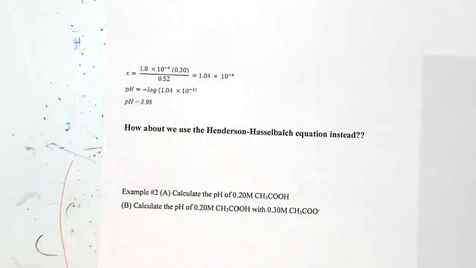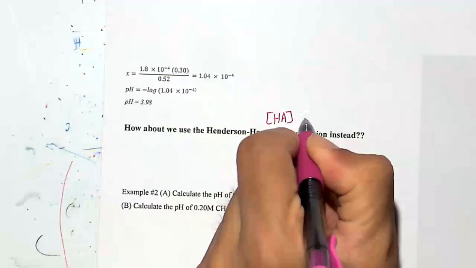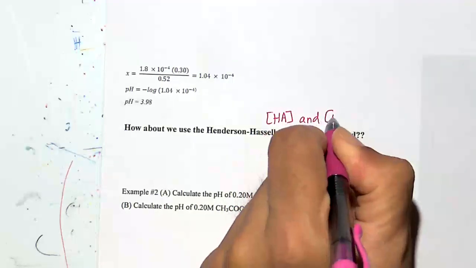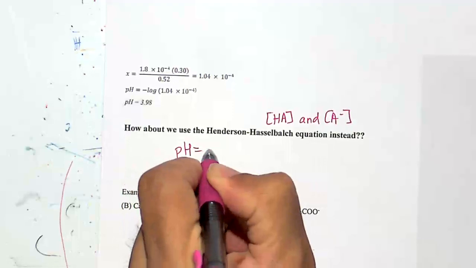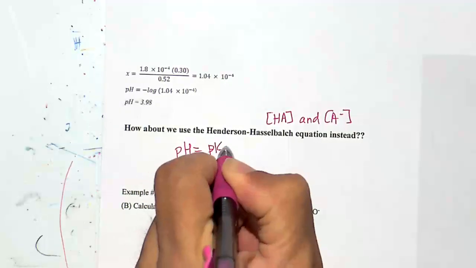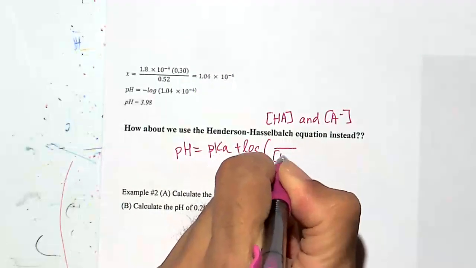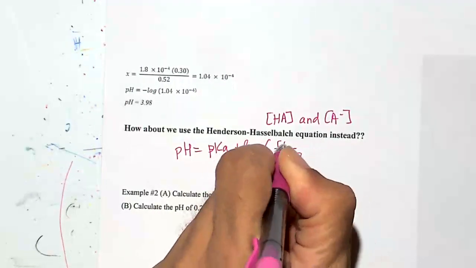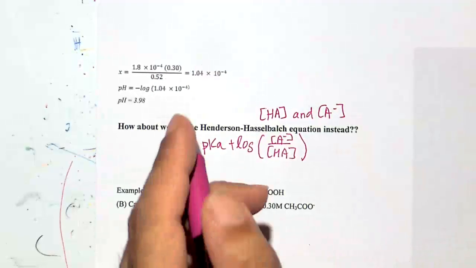So the Henderson-Hasselbalch equation is when you have in the problem HA and A minus present. And the equation is pH is equal to pKa plus the log. Okay, you drop the acid, and the conjugate base goes up on top.